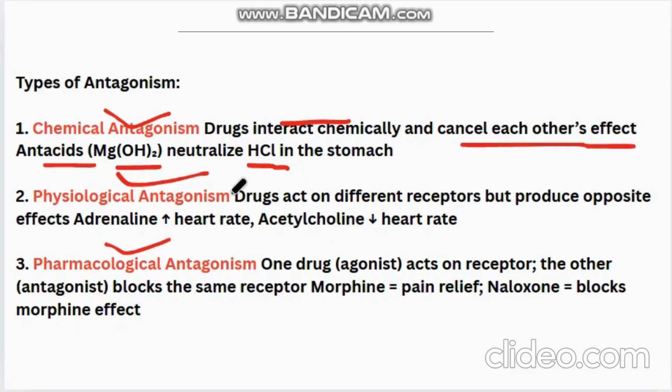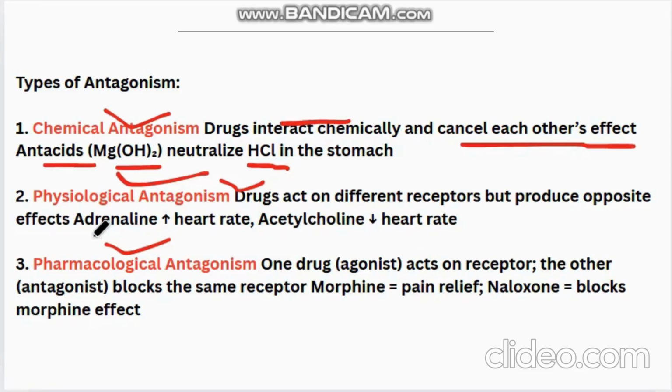Similarly, another type of drug antagonism is physiological antagonism. Here drugs act on different receptors but produce opposite effects. What happens here? The drugs act on different receptors of the body.